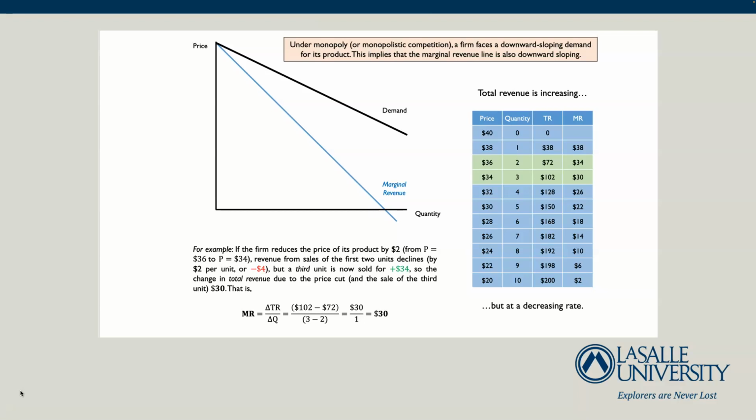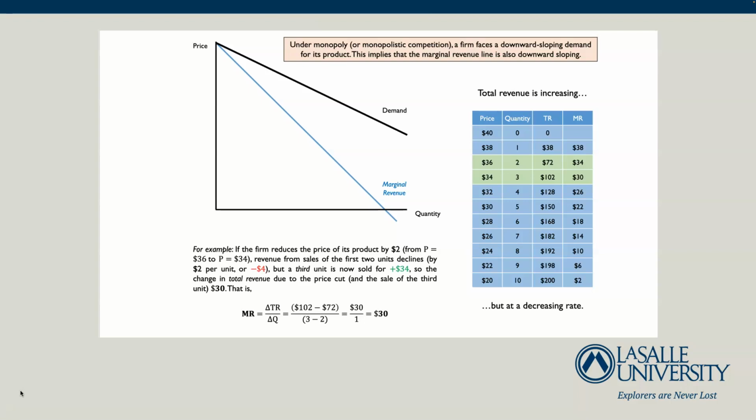Now, for instance, if the firm is reducing the price of its product from, say, $36 to $34, revenue from sales of the first two units declines by $2 per unit, so they lose $4 from the lower price being charged. But now a third unit is being sold for $34, so the change in total revenue due to the price cut from $36 to $34 and the increase in quantity demanded from 2 units to 3 units is $30 for that third unit.